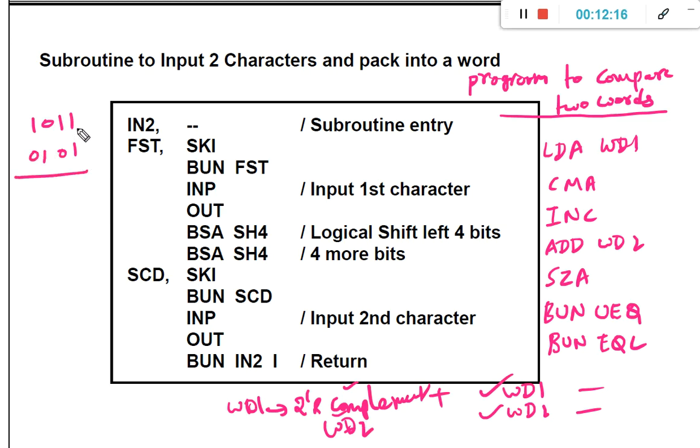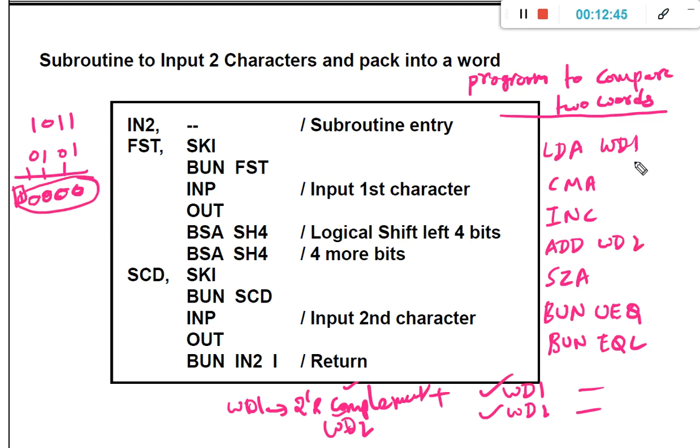Now, add these two, 1 0 1 1 and 0 1 0 1, the result is 1 0 0 0 0, discard the carry. So, what is the result? All zeros. If you convert the same number into its 2's complement and add it to the same number, we are going to get all zeros. So, using that technique we can compare whether the given words are equal or not.